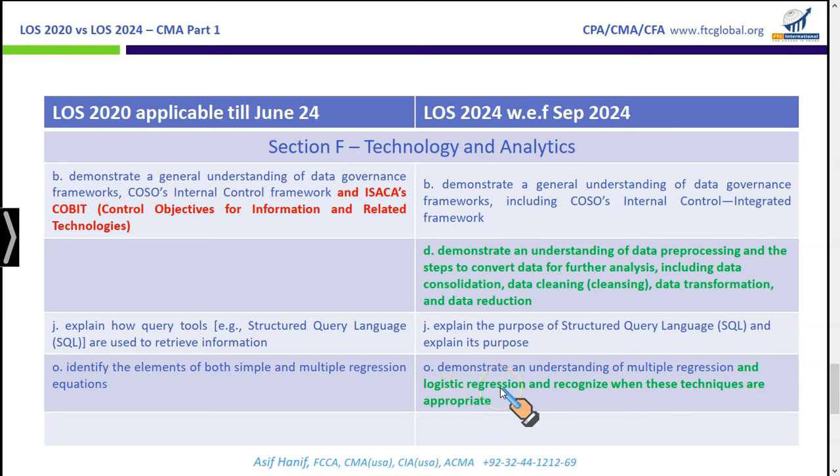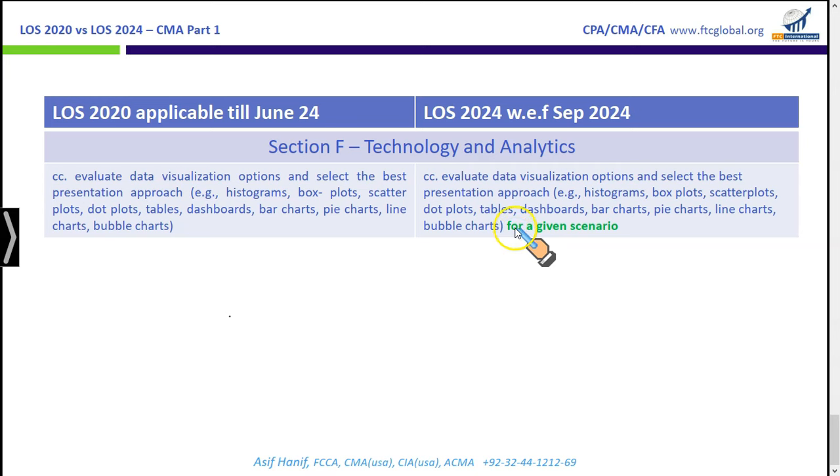Logistic regression is different from multiple or linear regression because it involves binary classification problems where the outcome is categorized with 2 possible outcomes, success or failure, yes or no, in binary, 1 or zeros. So this is the new change and it's going to be really interesting. And just a little addition of this text: for a given scenario.